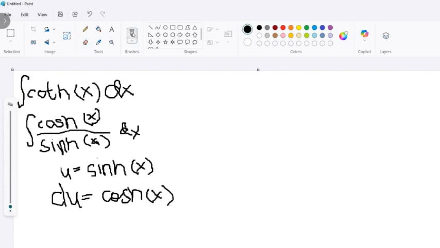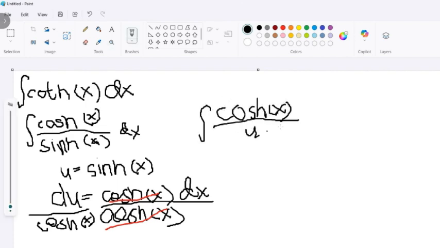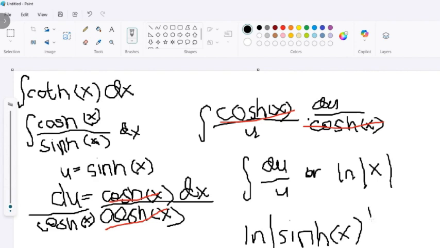So now it will be easier for us to eliminate the cosh above the sinh. As we all know, du over u is equal to ln u. So we have ln sinh x plus c.